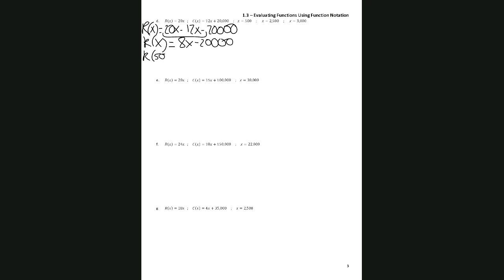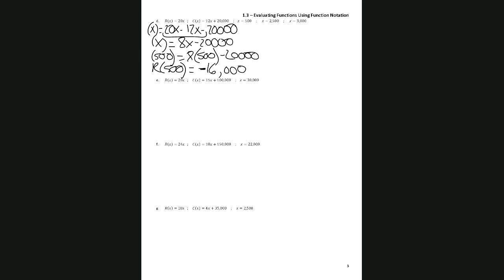So let's go ahead and find the profit at 500 items. And so that will be 8 times 500 minus 20,000. So this profit at 500 is going to be equal to negative 16,000. Sorry, I'm rushing.